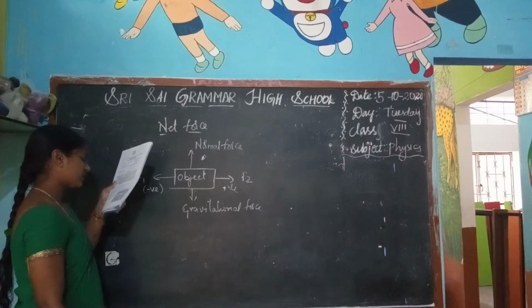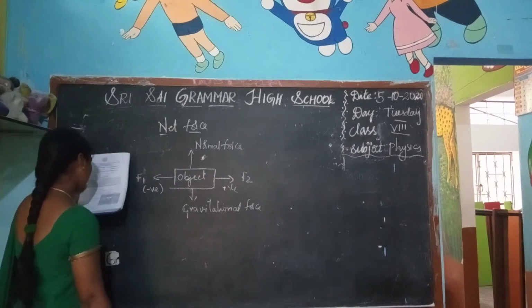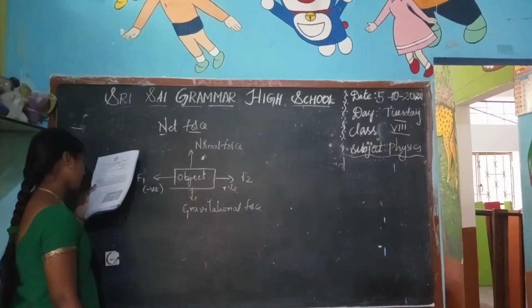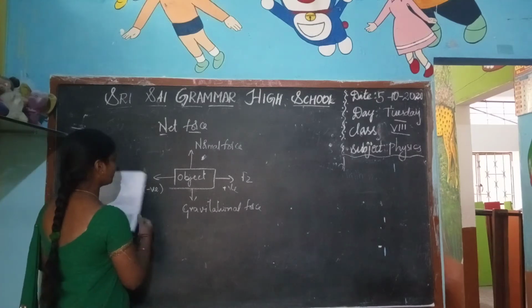See, the normal force and gravitational force arrows are the same size, so the magnitude of the forces is the same. Forces F1 and F2 are different sizes. F2 has more length, so the magnitude of F2 is more.